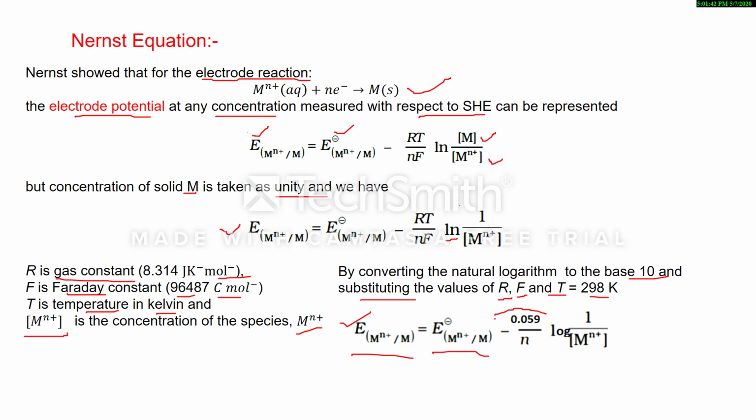This comes when we put R as 8.314, T as 298 Kelvin, and F as 96,487, and ln is converted into log, that is multiplied by 2.303. Then this equation will come. One thing you have to remember: in this case we are using the minus sign, so always put the concentration of the product in the numerator and the concentration of the reactant in the denominator. This is the Nernst equation for a single electrode.